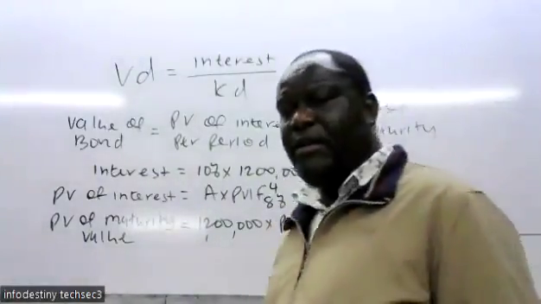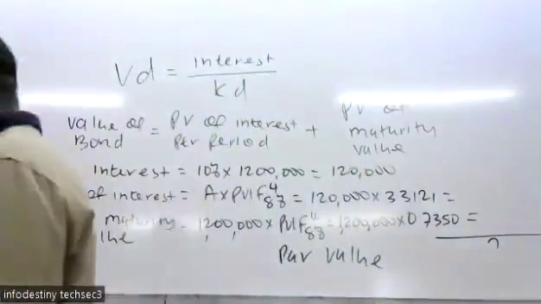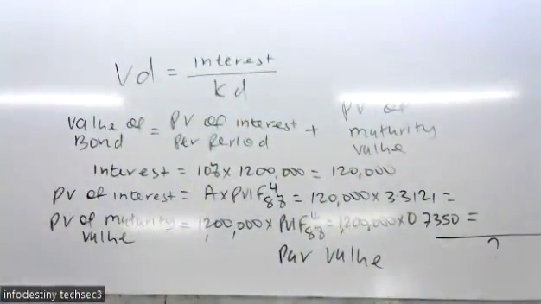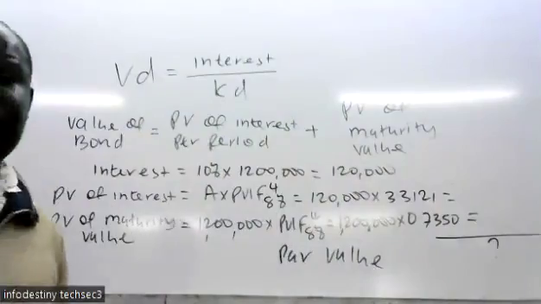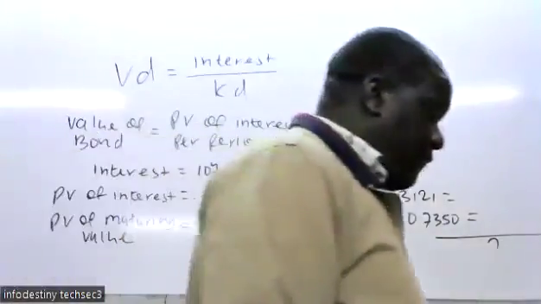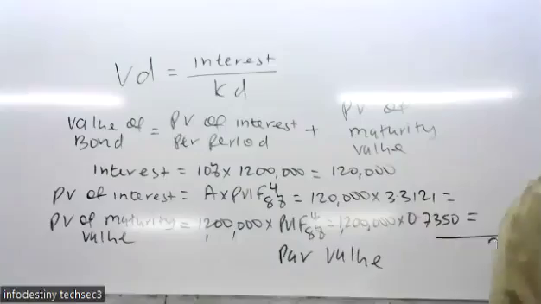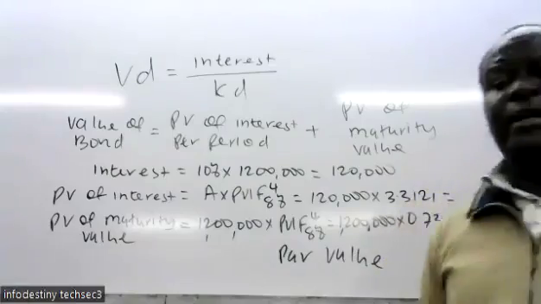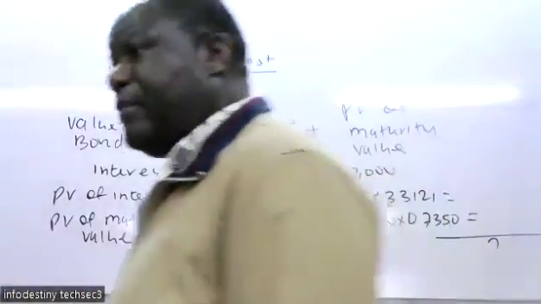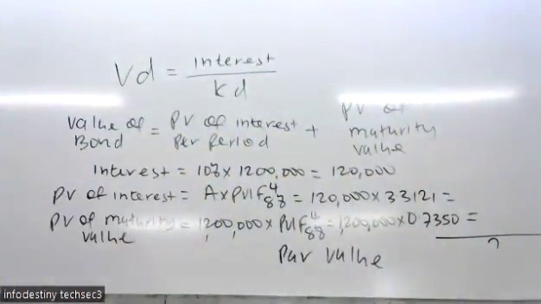So required, Roman letter 1, market value of the bond. Roman letter 2, floor value of the bond. Roman letter 3, conversion value.